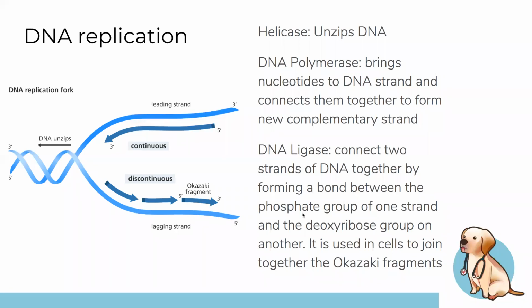Firstly, helicase unzips the DNA, breaking the hydrogen bonds between the strands. DNA polymerase brings nucleotides to the DNA strand and connects them together to form a new complementary strand.